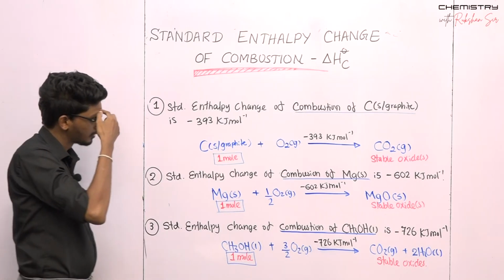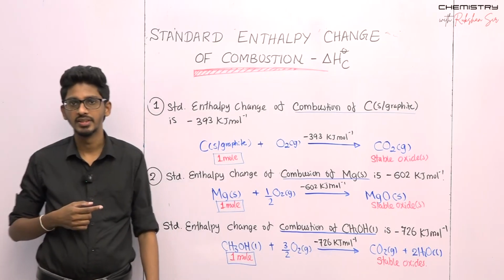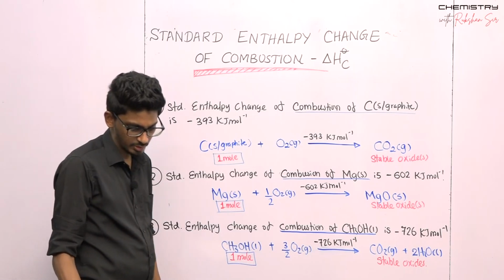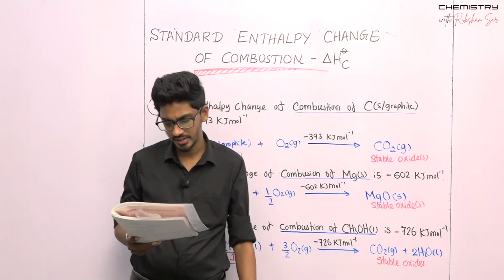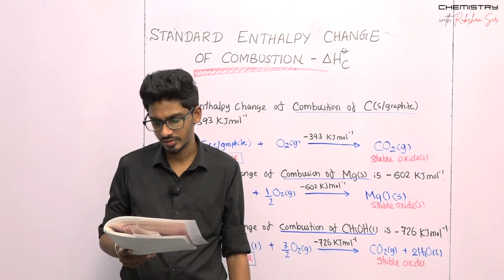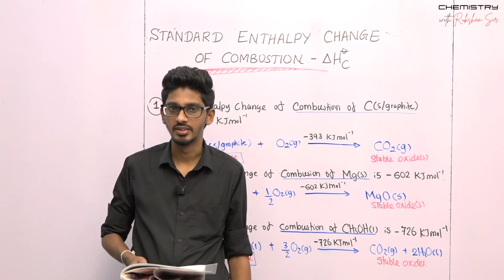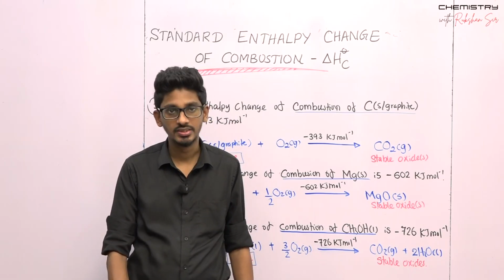Right, let's do the exercise appearing in your tute. At page number 20 of your tute, it says to write the thermochemical reactions for the enthalpy changes of combustion of the substances given below. Let's try to do that work, right?